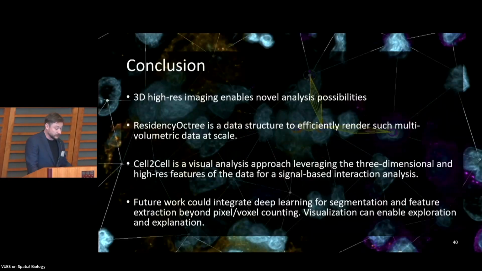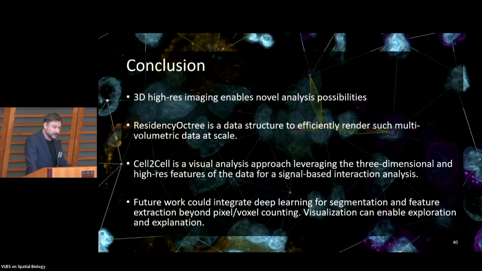Okay, so as a conclusion, 3D high-resolution imaging enables novel analysis possibilities, and I presented a data structure that we call residency octree to efficiently render such multi-volumetric data at scale. On top of such rendering can sit different analysis tools, for example the one that I showed, cell-to-cell, which focuses on the interaction and polarization of proteins.